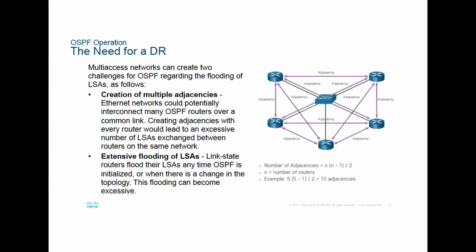The second one: link state routers flood their LSAs any time OSPF is initialized, or when there is a change in the topology, and the flood can become excessive.